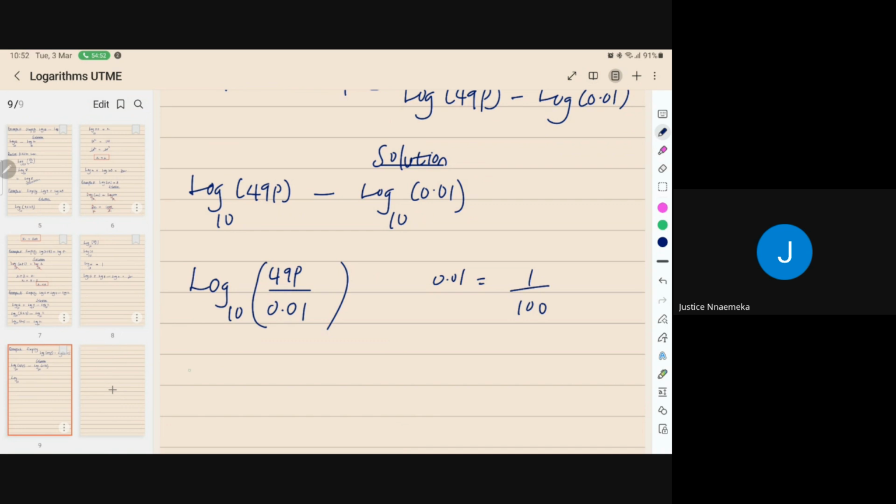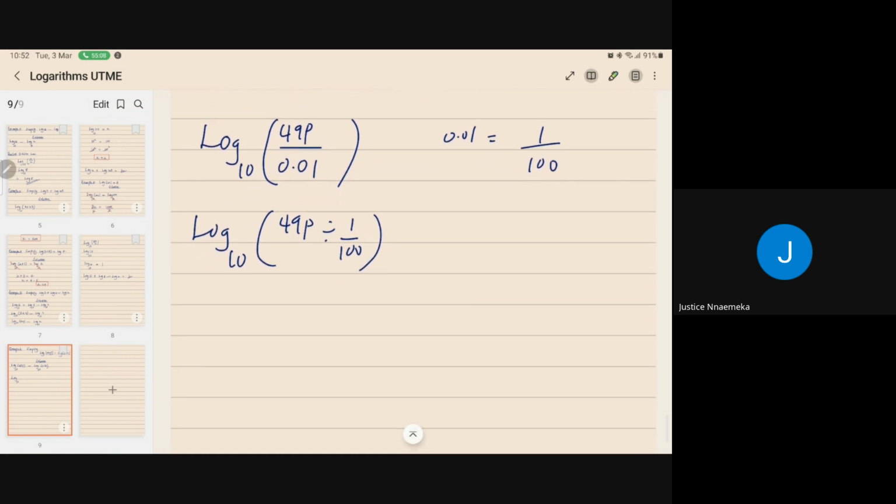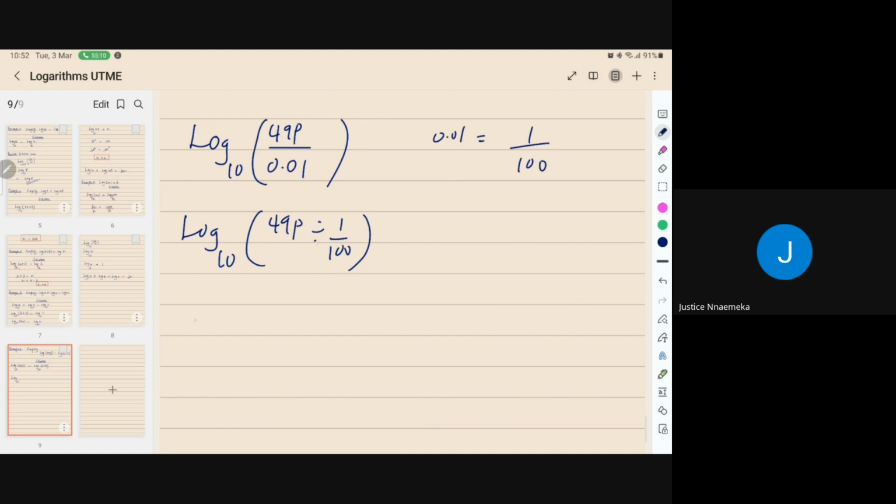So that means that I have log 10 of 49p divided by, let me change the division symbol so that it doesn't get you confused, divided by 1 over 100, because I've turned that 0.01. Now to further simplify this, we'll have log 10 of 49p all over 1 times 1 over 100.